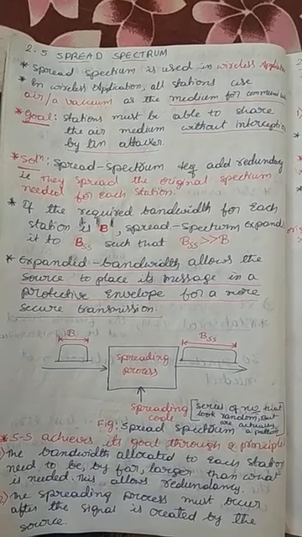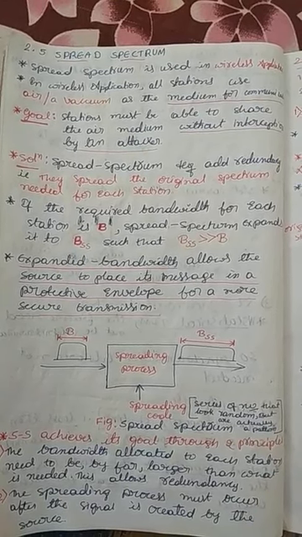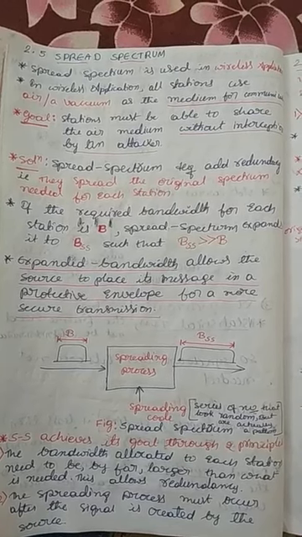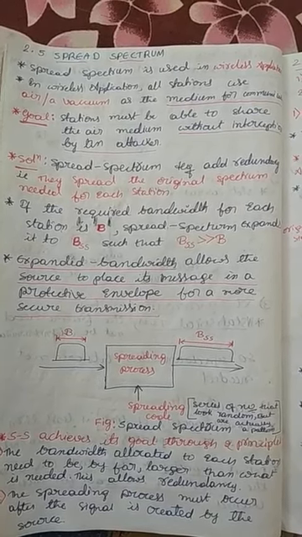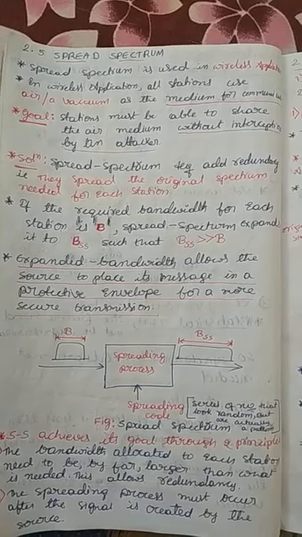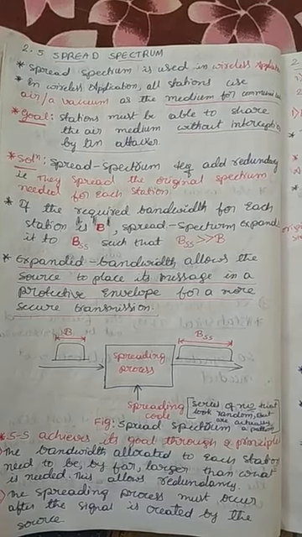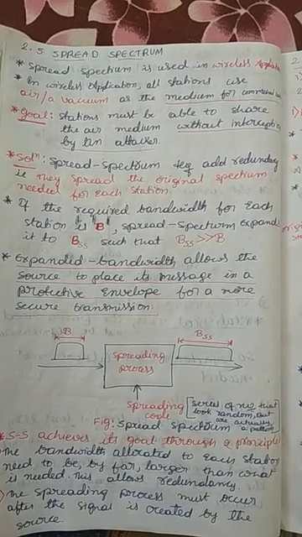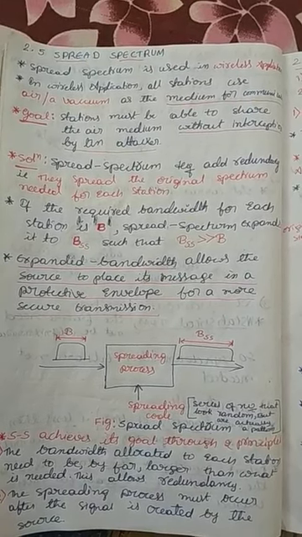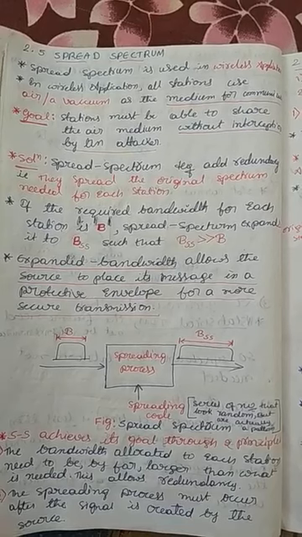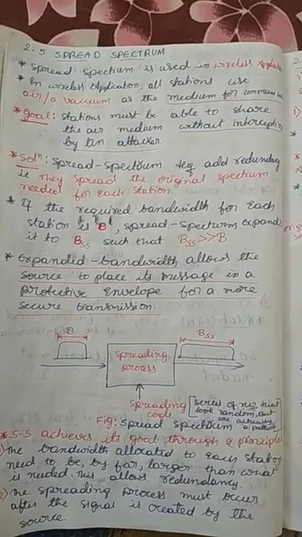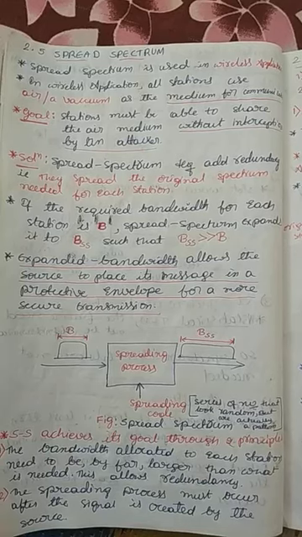Next, what is the goal of spread spectrum? Stations must be able to share the air medium without interception by an attacker, meaning communication should not be affected by any attacker. That is the goal of spread spectrum.